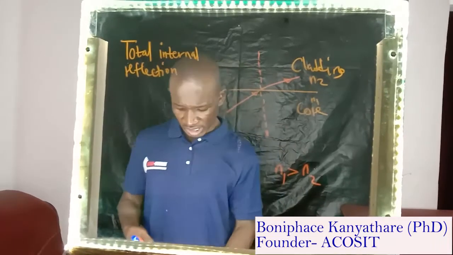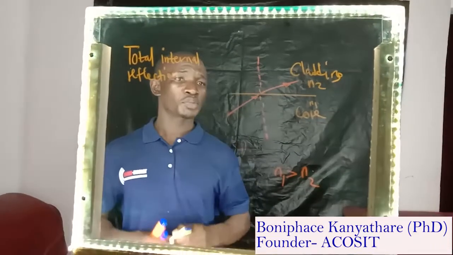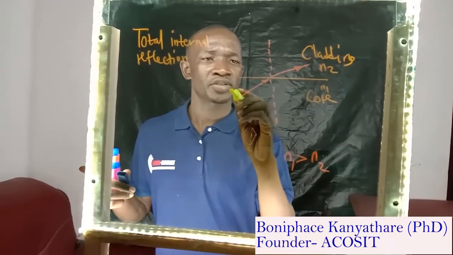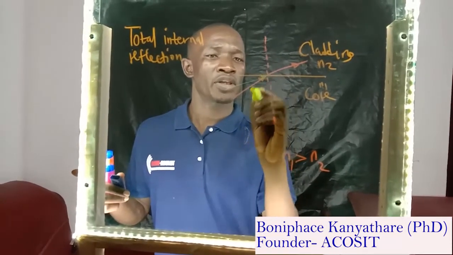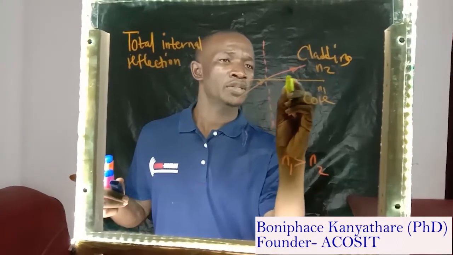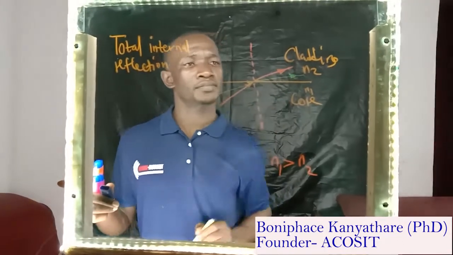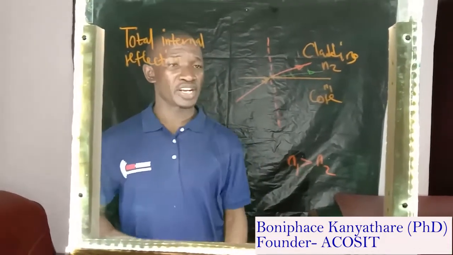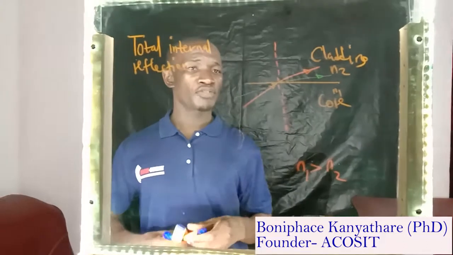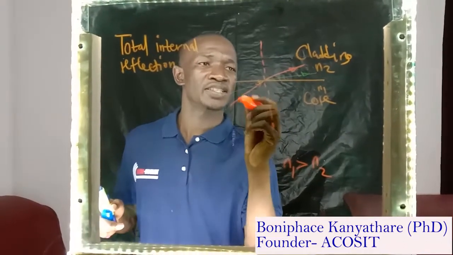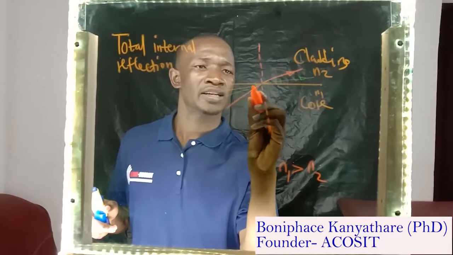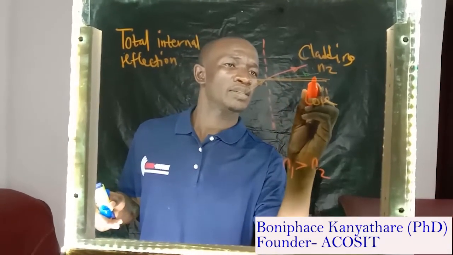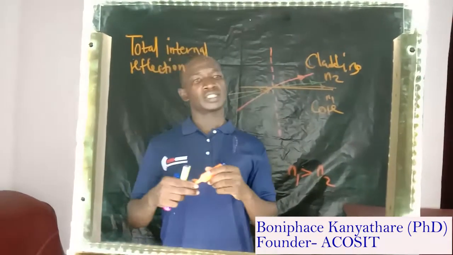So if I draw a second ray here, let's assume we have a second ray which is a little bit more than the original one. You see, you're going to have another ray here. If we go for a third ray, let's say something here, this one is going to bend towards the normal completely.